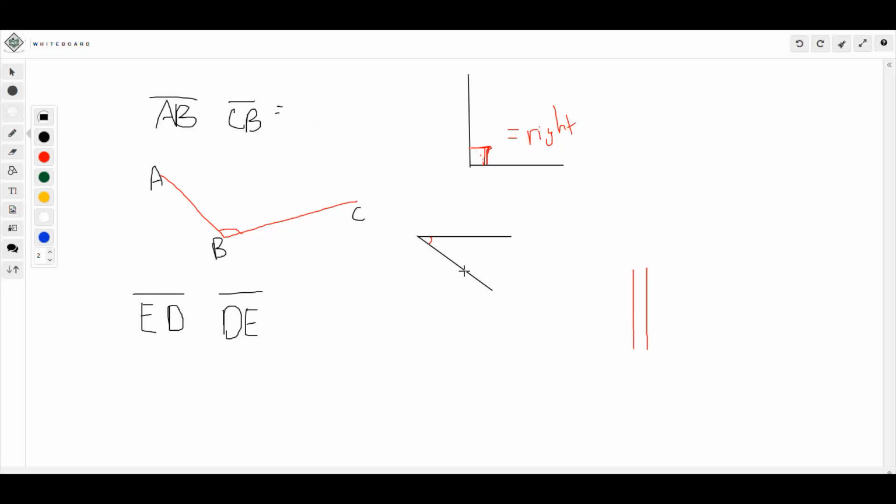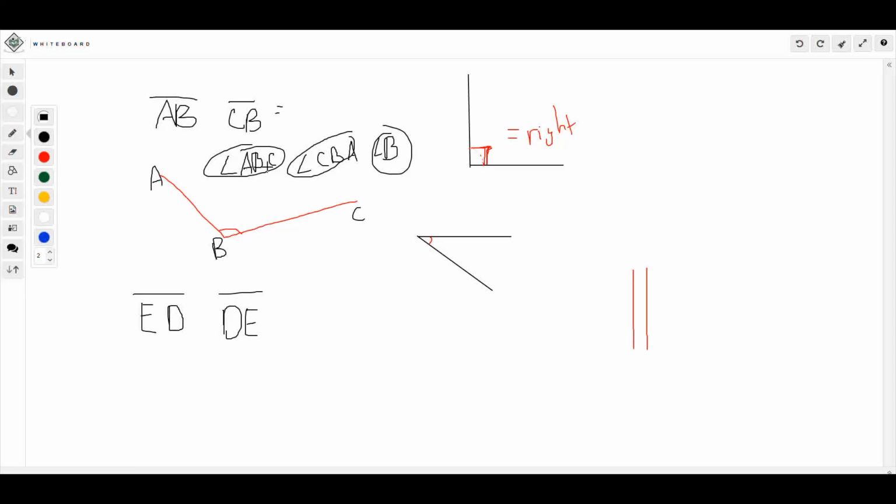And right there in the middle of your paper, it shows you the three different ways you can label an angle. This is the symbol for angle. You can label it angle ABC, or angle CBA, or angle B. These are the three different ways that you can label an angle.